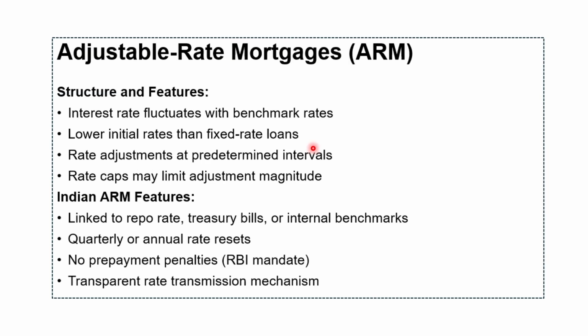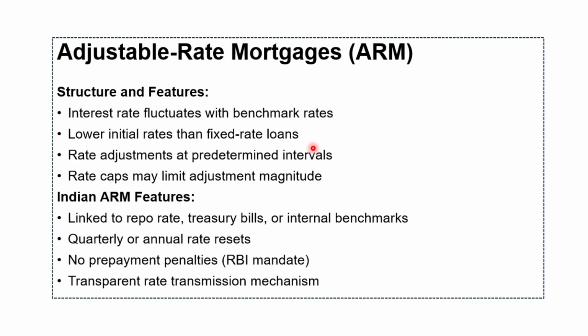Then we come to adjustable rate mortgages. So adjustable rate mortgages represent the most common mortgage structure in India, with rates that fluctuate based on benchmark rates. The fundamental appeal lies in lower initial rates, typically 0.5 to 2% below fixed rate alternatives, making home ownership more affordable initially.